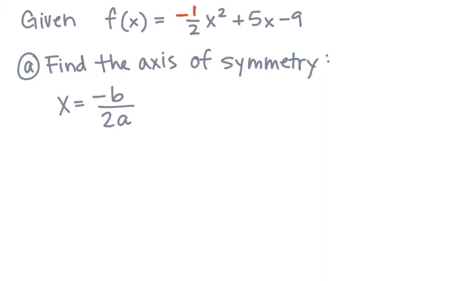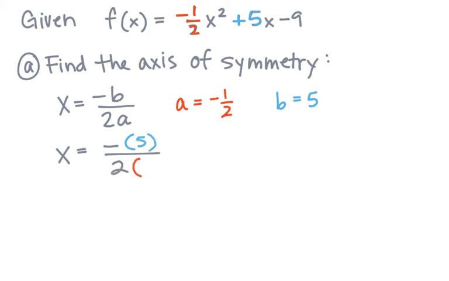So now my A value here is negative 1/2. My B value is positive 5. There's a plus in front of that 5, so it's positive 5. So now we have x equals negative 5 divided by 2 times my A value, which is negative 1/2. If I look at simplifying this, I have negative 5 over negative 1, or rather 5.